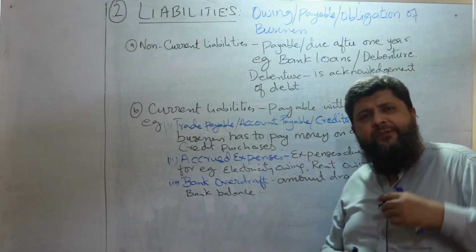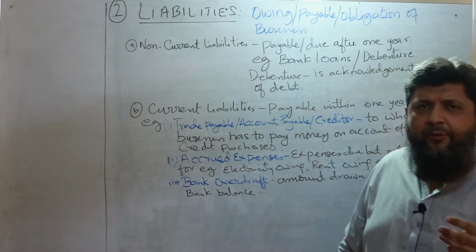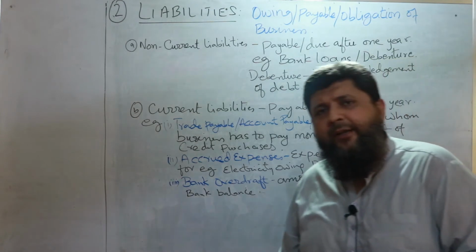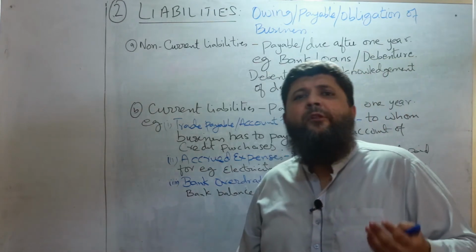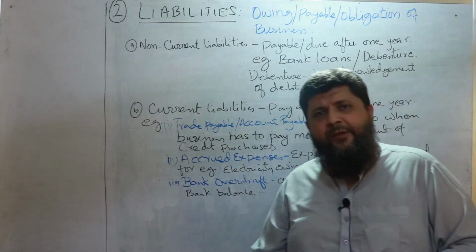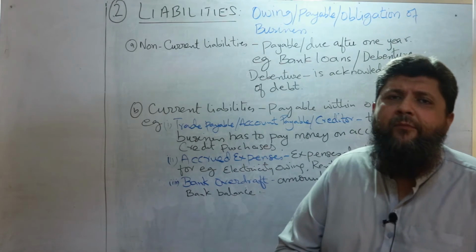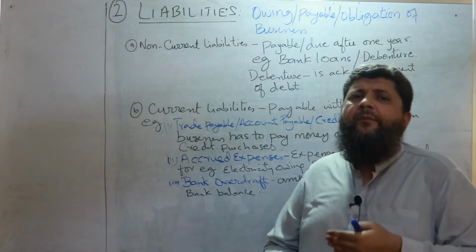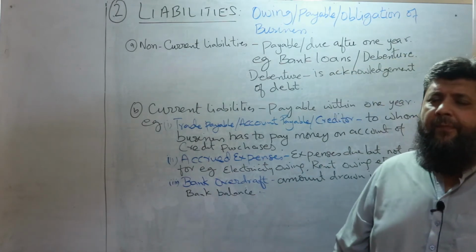Unless I pay the amount, the business will not be provided with further goods and my cycle will get disturbed. So I have to pay within a 1 month period because I have bought goods on credit.